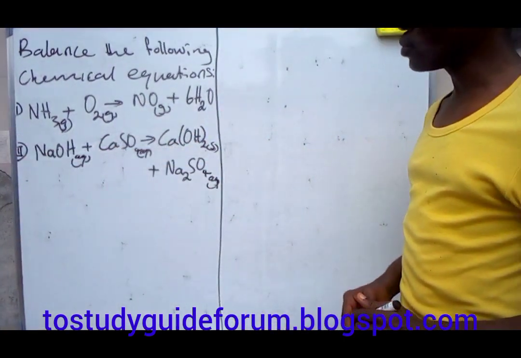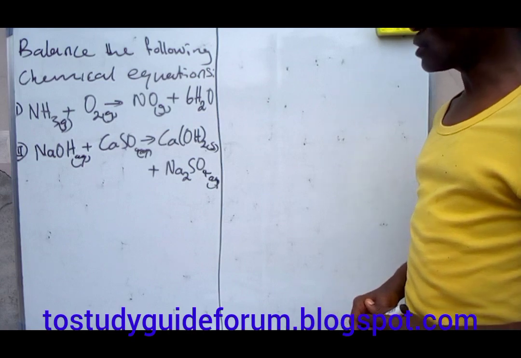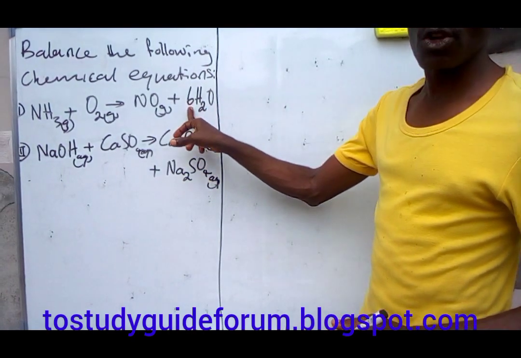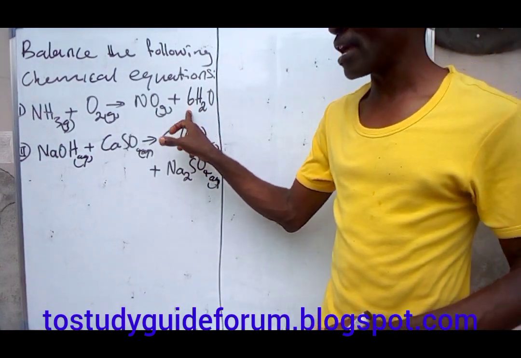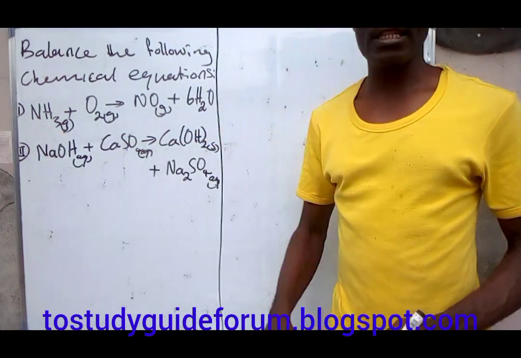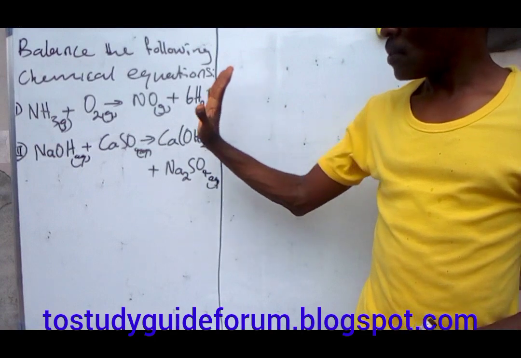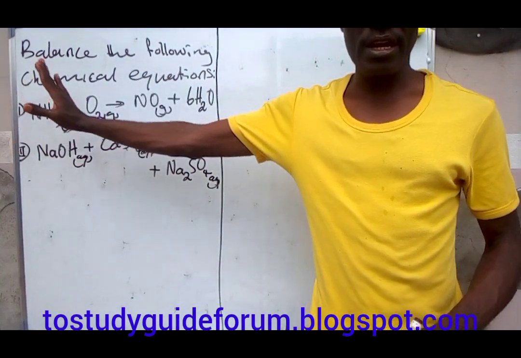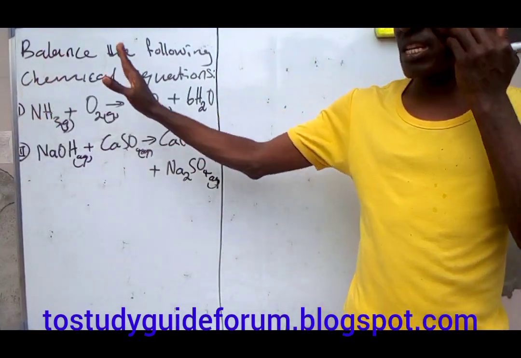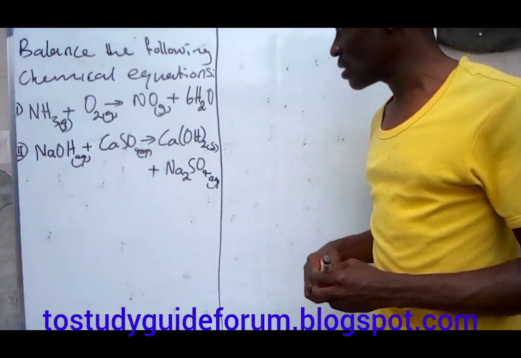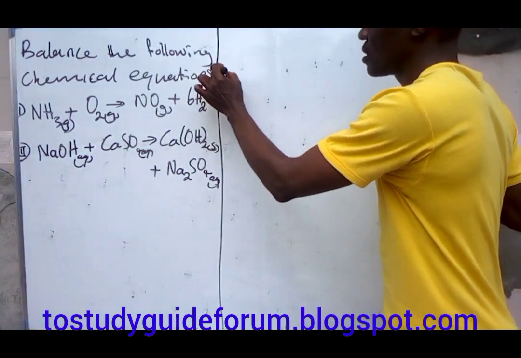So what we are going to do now, in order to balance the number of hydrogen atoms here with the reactant side of it, because in every chemical equation there must be a balance between the reactants and the products.